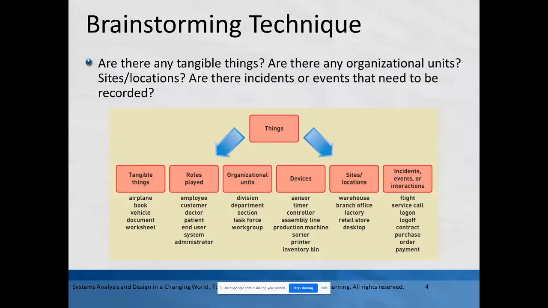Again, you have these kind of standardized lists of things, such as tangible things or roles, organizational units, devices, sites, locations, and then this last one, incidents, events, or interactions. These are quite important because they can be overlooked.